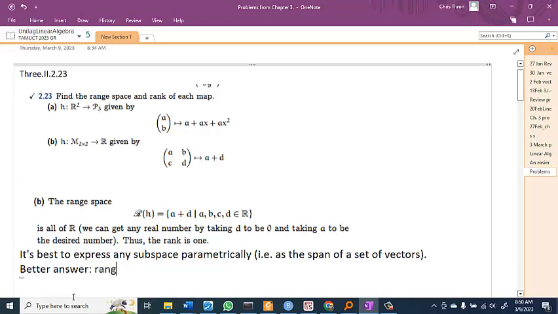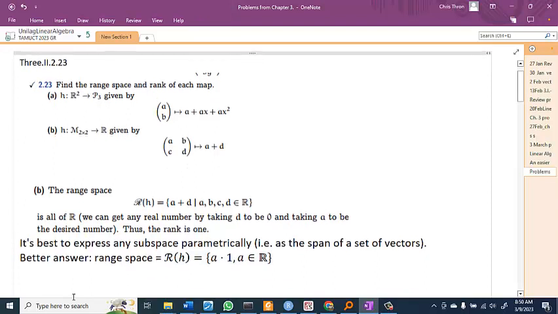the range space is equal to... I just learned how to do this. So R of h is equal to the set, you can just call it a, where a is in R. Okay. So, where I could write that a times 1, right?